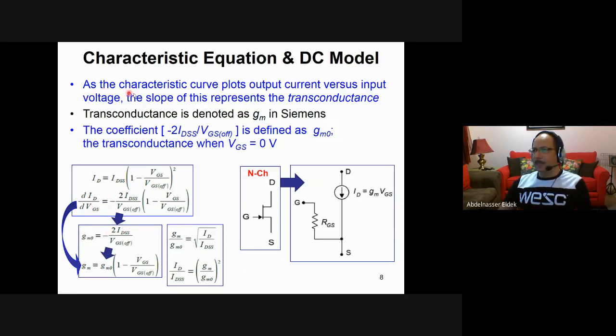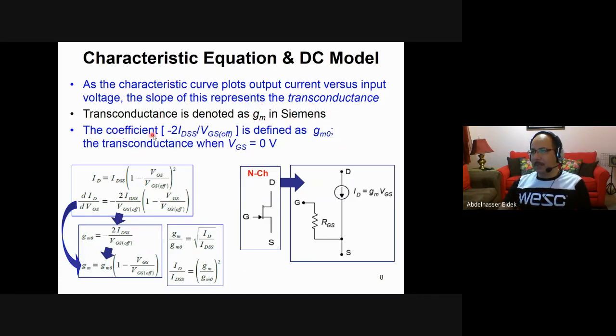As a characteristic curve plots output current versus the input voltage, the slope of this represents something called transconductance, because it is current versus voltage. And this transconductance is called GM, and it is in Siemens.